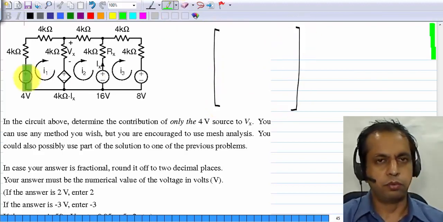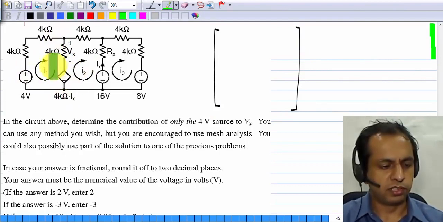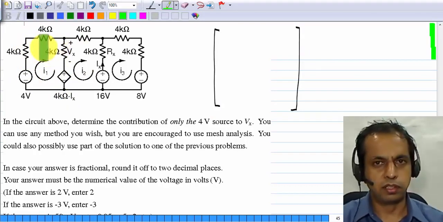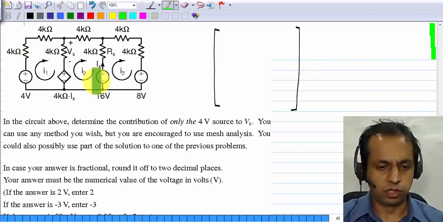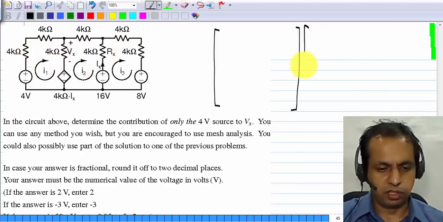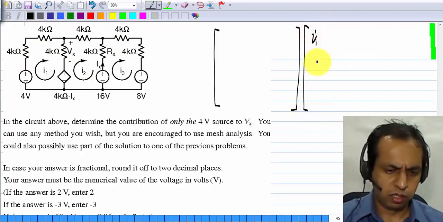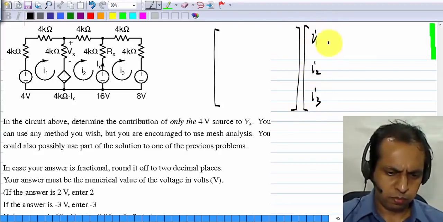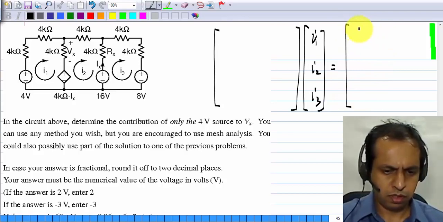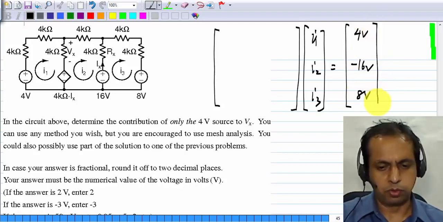And as you can see, there are voltage sources, resistors, and also a current controlled voltage source. First, I will consider the contribution of only the resistors and voltage sources, and the mesh currents are already given. So this part I am not going to repeat.